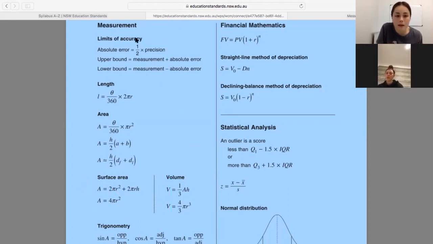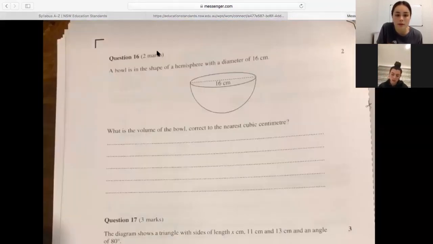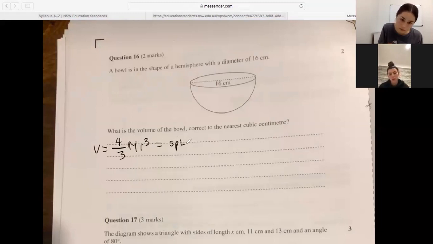Okay. So our formula is 4/3 pi r cubed. And so we can just sub for the volume of a sphere. So volume equals 4/3 pi.